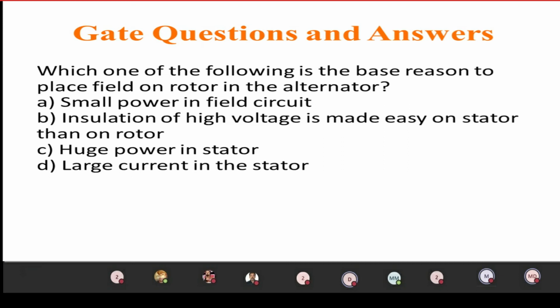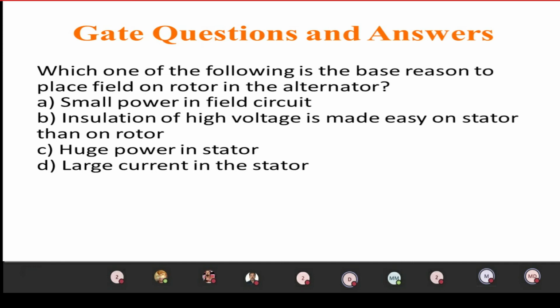Small power in field current is quite good, but it is not the only good thing. So let me leave A. Huge power in stator is also quite good, but we can use slip rings to transfer the power.